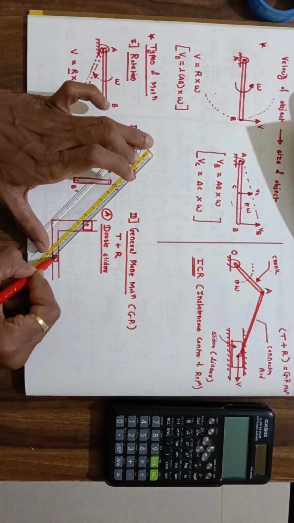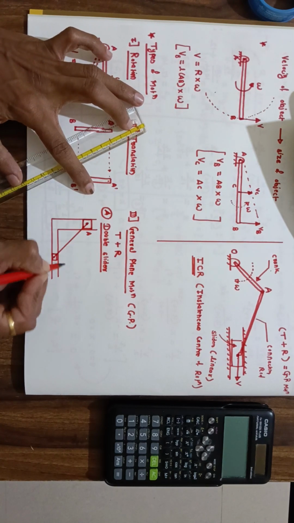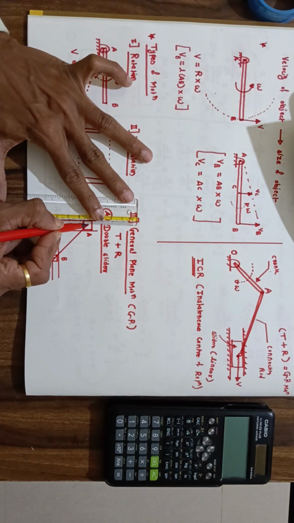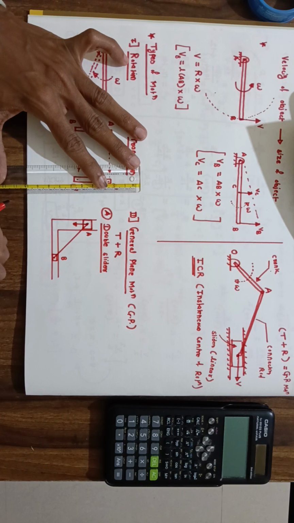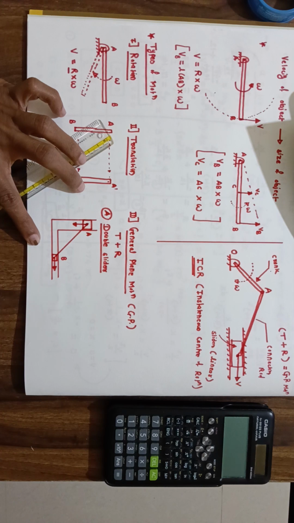Both the sliders are connected with one rigid rod. So this is AB. Now just assume the slider A is moving in the downward direction with some velocity. Slider B will move on the right side with some velocity.